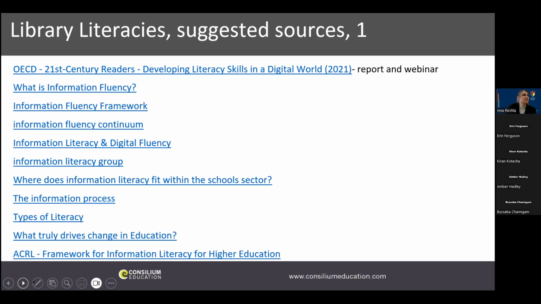Well, my understanding is based on the American Association of School Libraries Standard Framework for Learners, which can be accessed online. And I can also share the PDF link here in the chat.